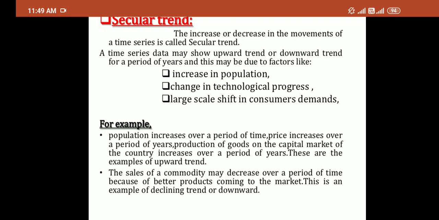For example, secular trend means, say they give four answers, with different statements. Out of four, one is the correct answer. So you have to choose a suitable answer, and to choose the correct answer, you should know the difference between each factor.